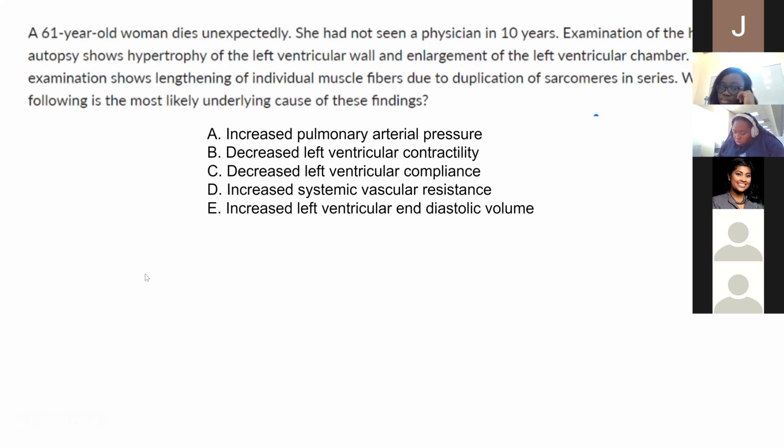It is E. I thought this one would be one of the harder questions, but no, you guys are too smart. You guys all got this. It is E. It is increased left ventricular end-diastolic volume.